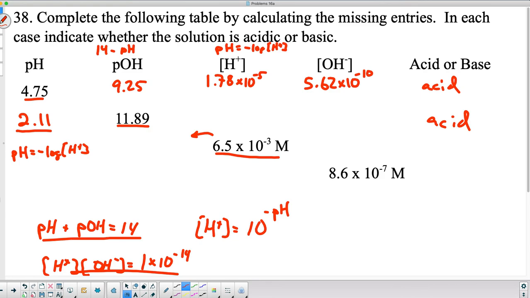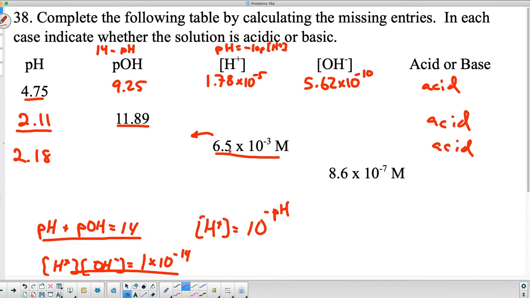I got 6.5 EE 3 negative, like that, and I get this number here, 0.0065, and then I take the log of that, and then I hit the plus minus. So the log of that gives me a negative 2.18 for the concentration from this, which means this is, of course, again, acid.